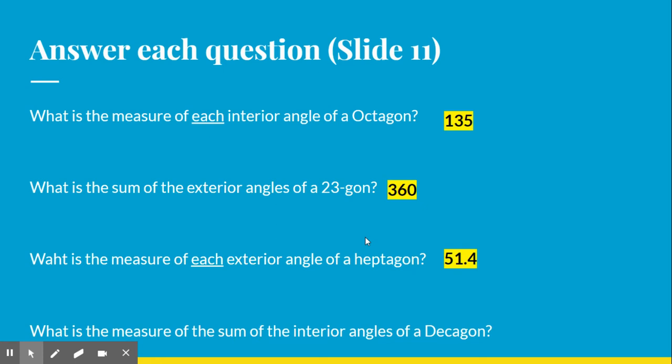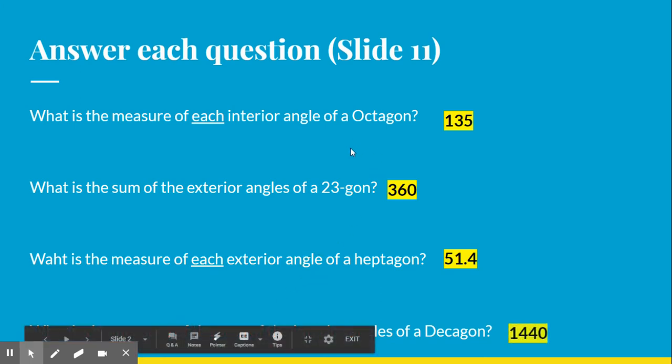And the last one, what is the measure of the sum of the interior angles of a decagon? So a decagon has 10 sides. 10 minus 2 times 180 would give me the answer, or looking at the table one last time, in the column of sum of interior angles, a decagon is 1,440.